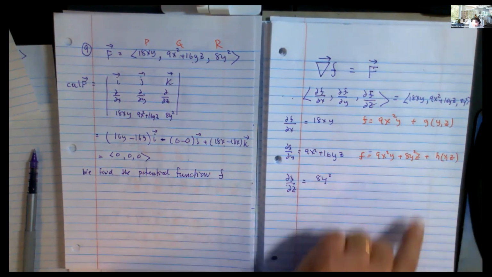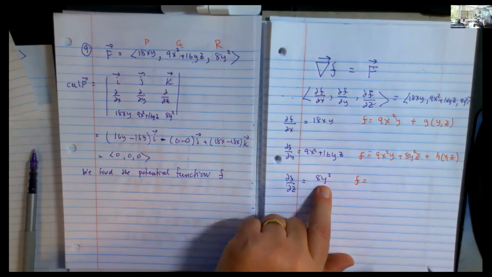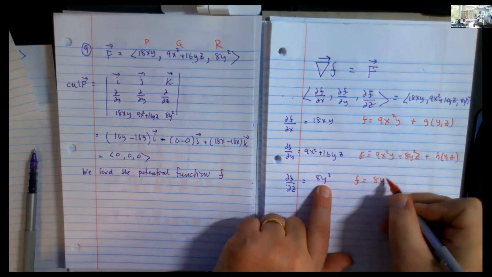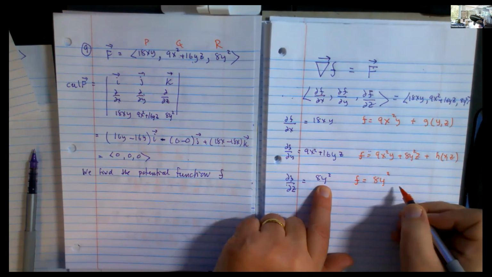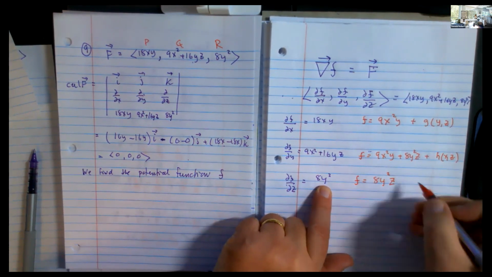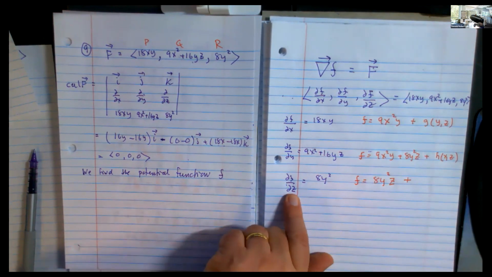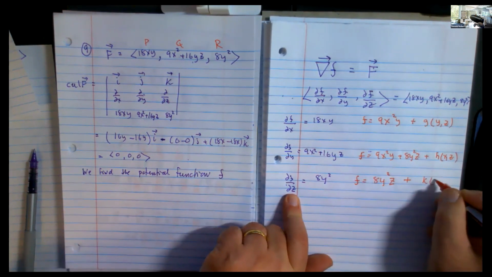And then we'll do it one more time. If you integrate this, you get 8y squared z plus an arbitrary constant, and the arbitrary constant is a function that doesn't have z in it, so I'll call it k of xy.